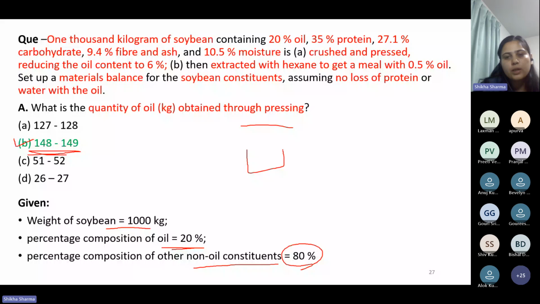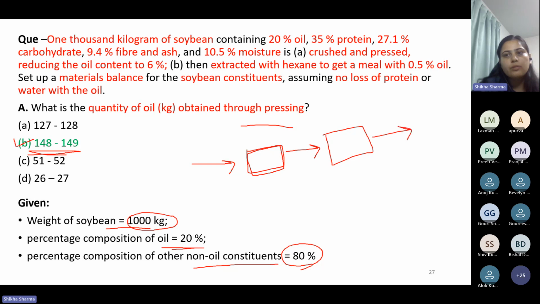See what is happening in this question. First, we are putting soybean, which is 1000 kg. First we are using mechanical pressing, and then this meal will be fed into the solvent extractor.